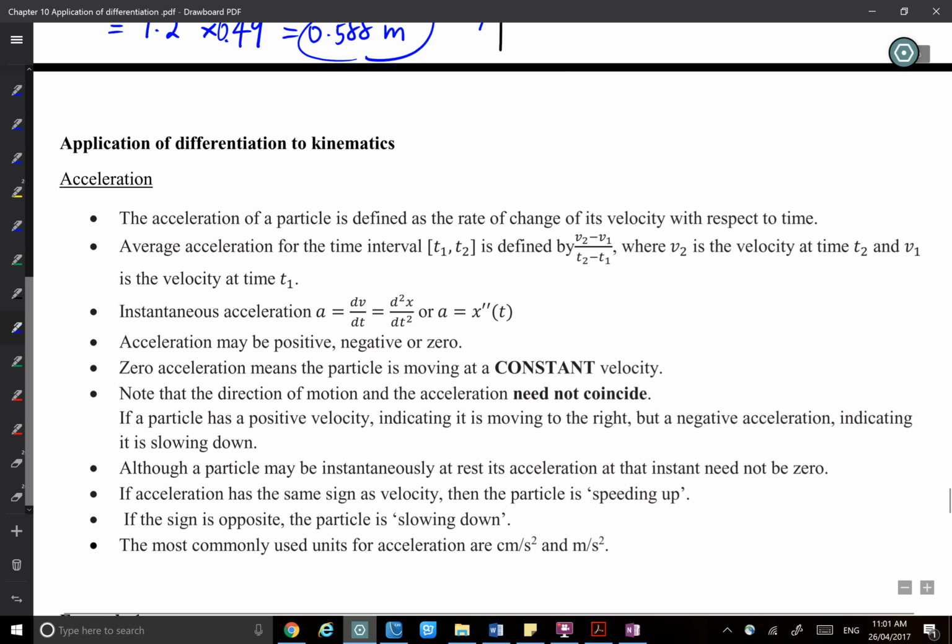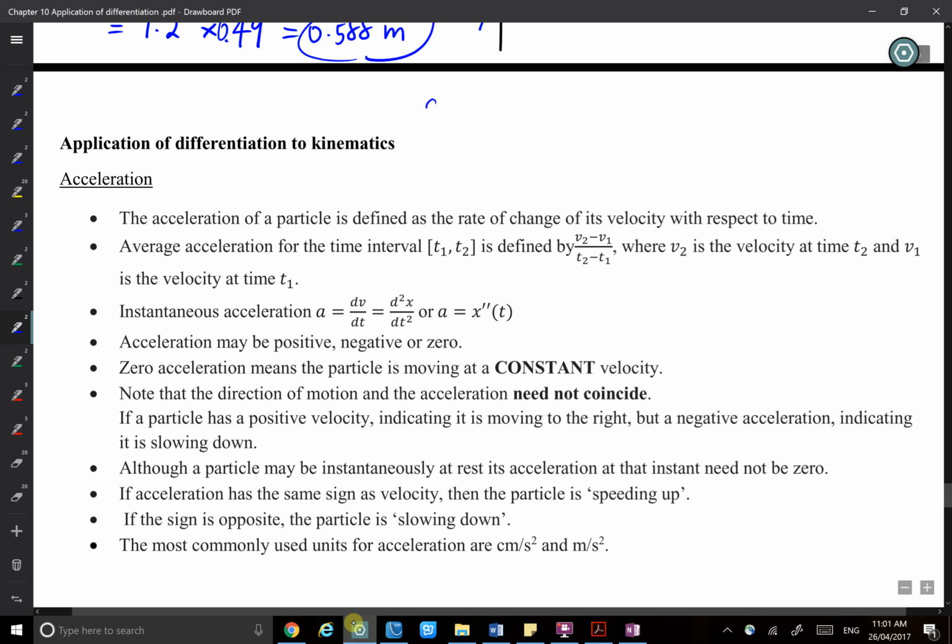Average speed and average velocity. Okay, average velocity will be x2 minus x1 over t2 minus t1.